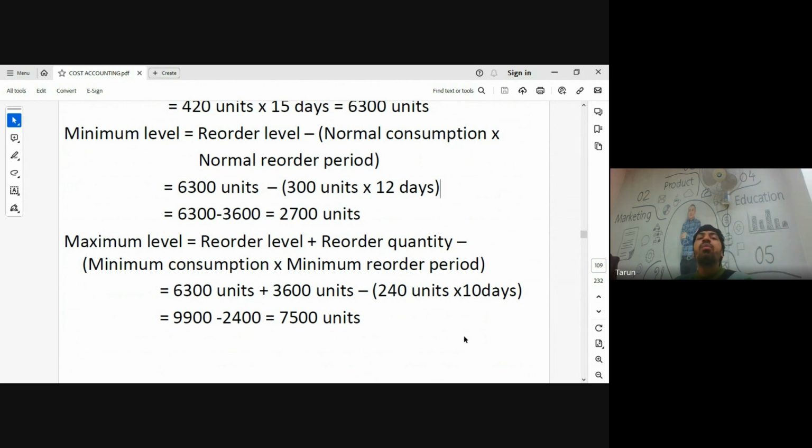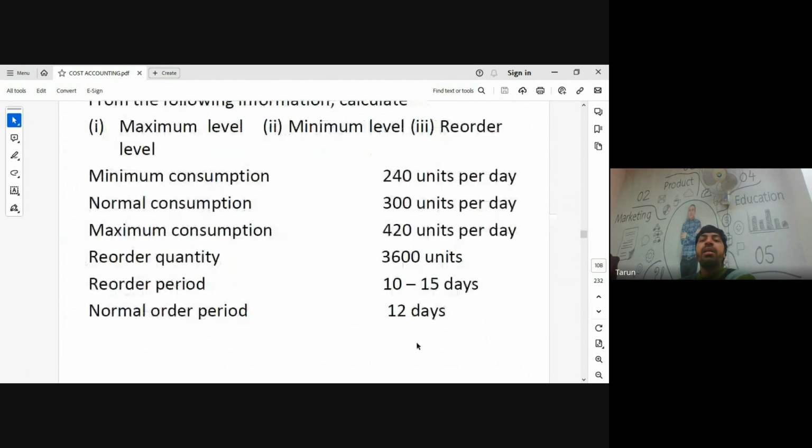The reorder quantity is calculated through normal consumption into normal reorder period. When you multiply 300 into 12, it is 3,600. This is the formula of reorder quantity. Or in other words, the reorder quantity is also given, 3,600.